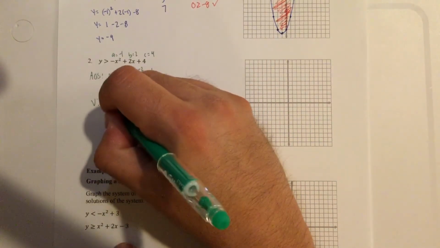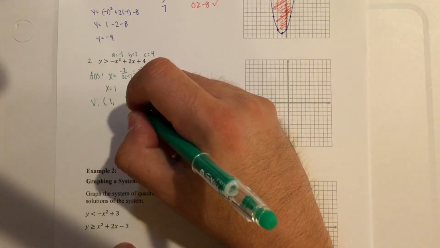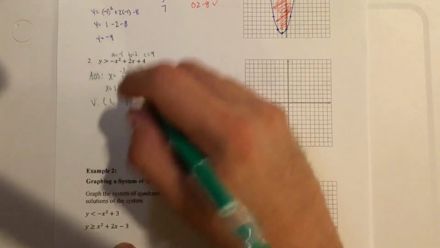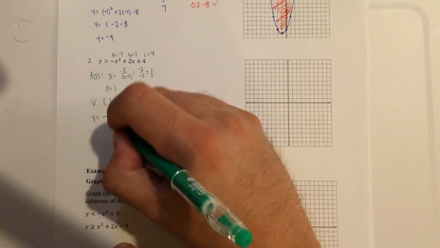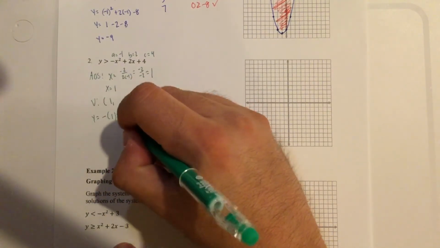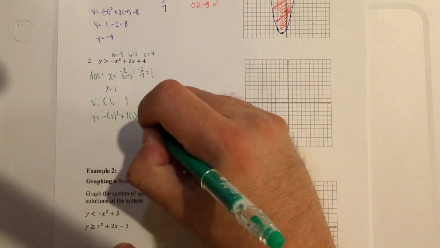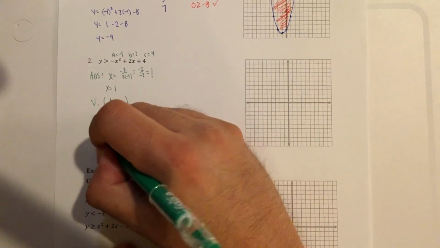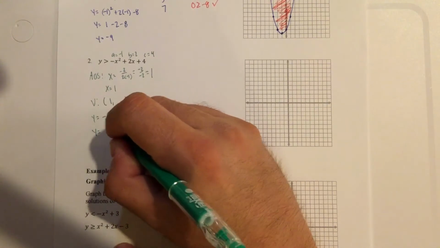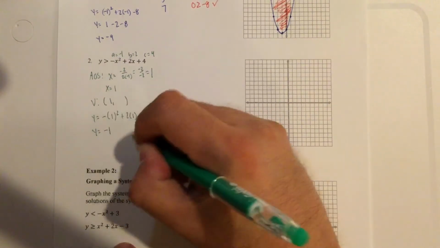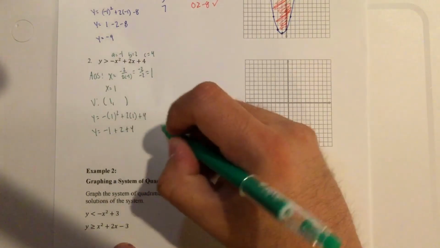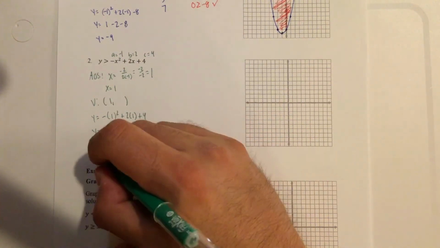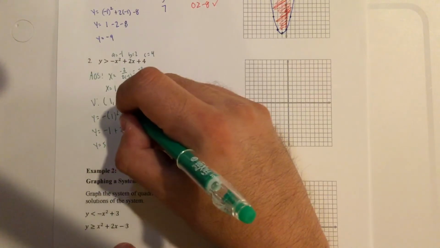For my vertex, we now know that's 1, comma, and now we're going to plug it into this equation. So y equals negative, parentheses, 1 squared, plus 2 times 1, plus 4. 1 squared is 1, with the negative becomes -1. 2 times 1 is 2, plus 4, and then 4 plus 2 is 6, minus 1 is 5.